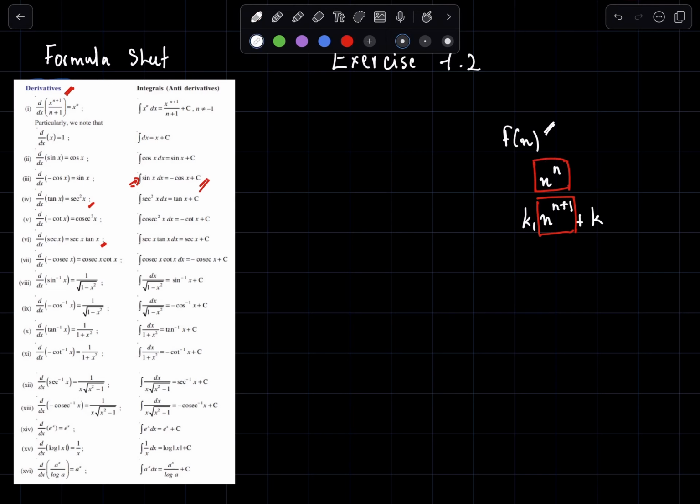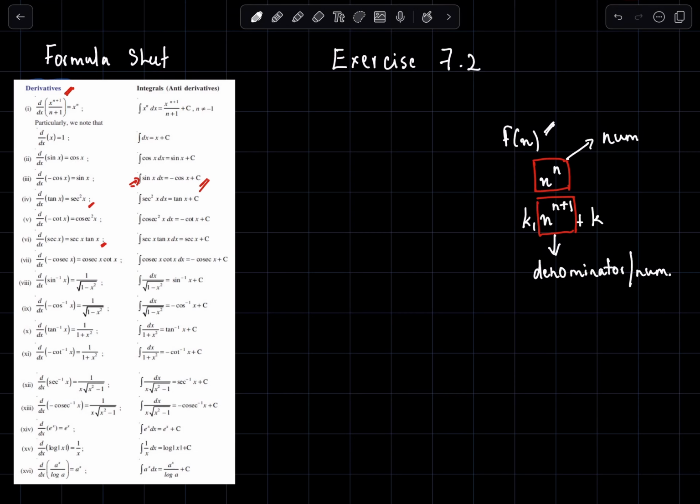Now what is the most important thing? This value can either be in the denominator or numerator, but this value must always be in the numerator. Remember this.